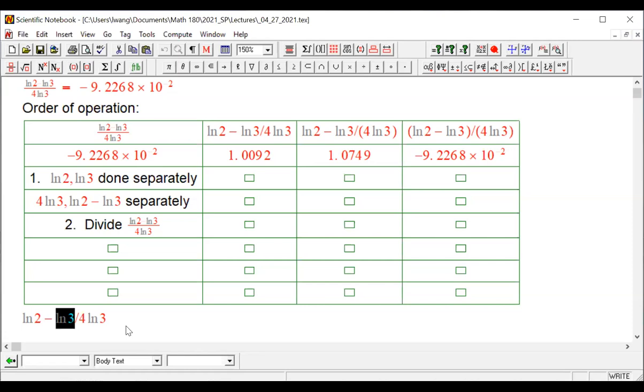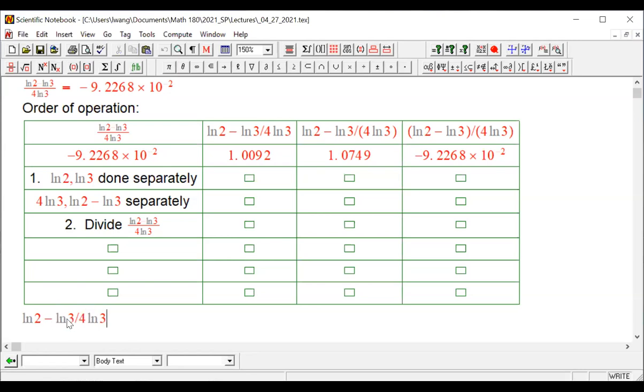Even in this class, we don't do much of this. We do a lot of theory and concepts, and we don't dive into the calculation as much. At least I don't want to deal with it. But I need to teach you how to parse parentheses, which is essential for your future programming. So when you write it like this, it's not going to be regarded as ln 3 divided by 4 times ln 3. That's totally not what we wanted.